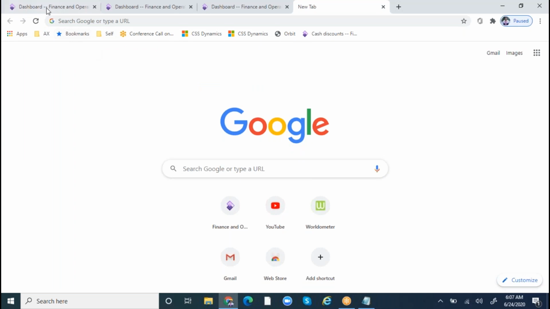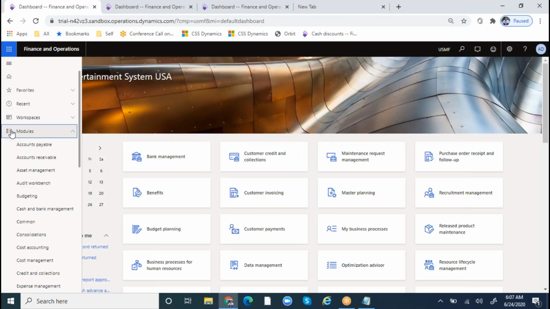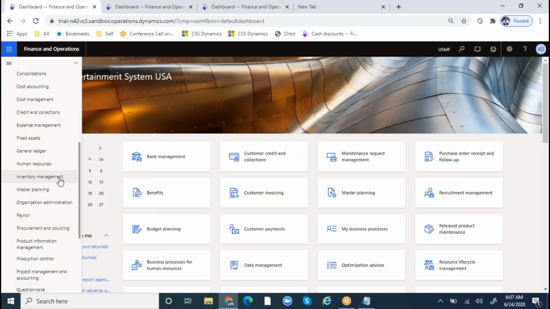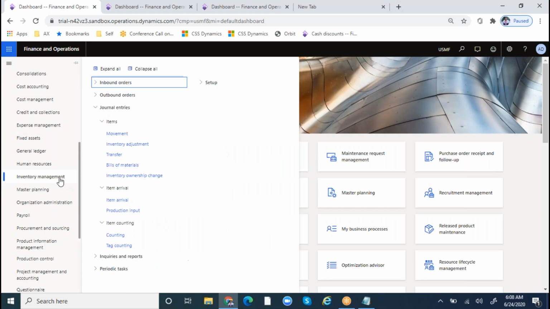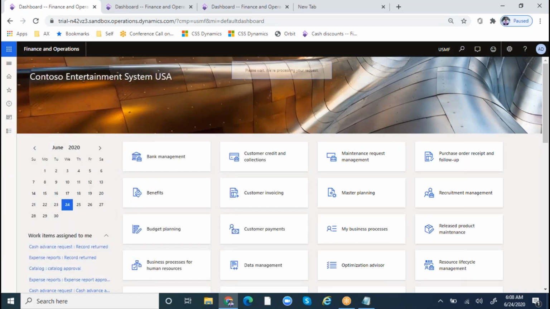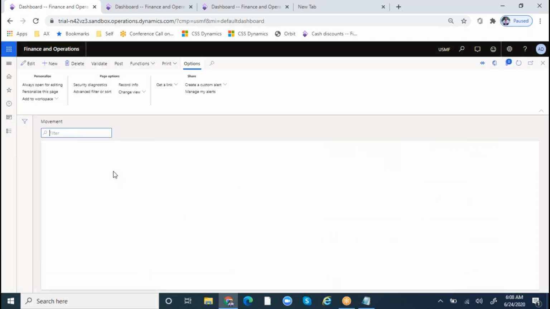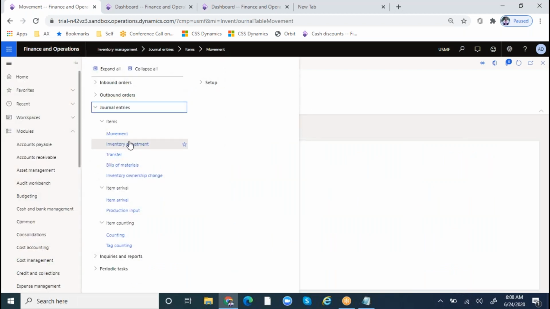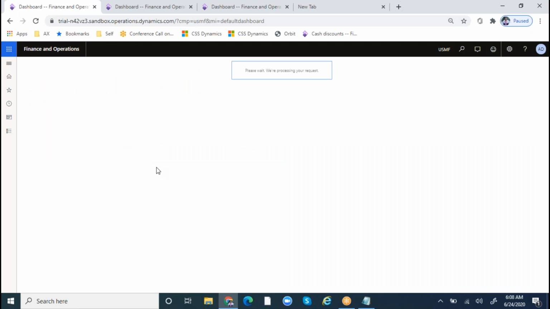Okay, let me show it from the system. Inventory management, movement journal. This is the movement journal and this is the inventory adjustment journal.